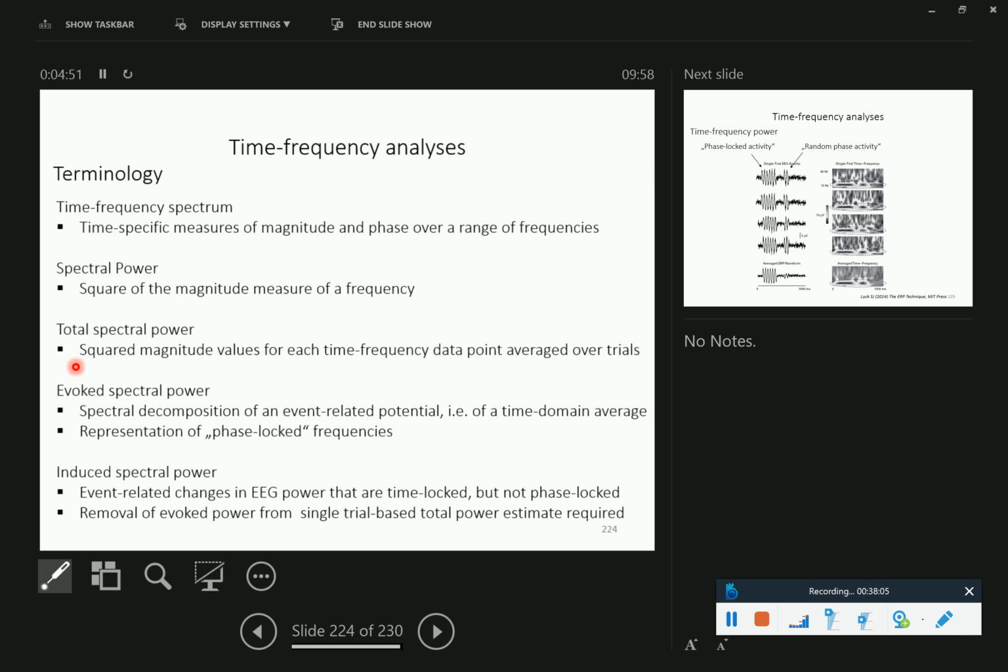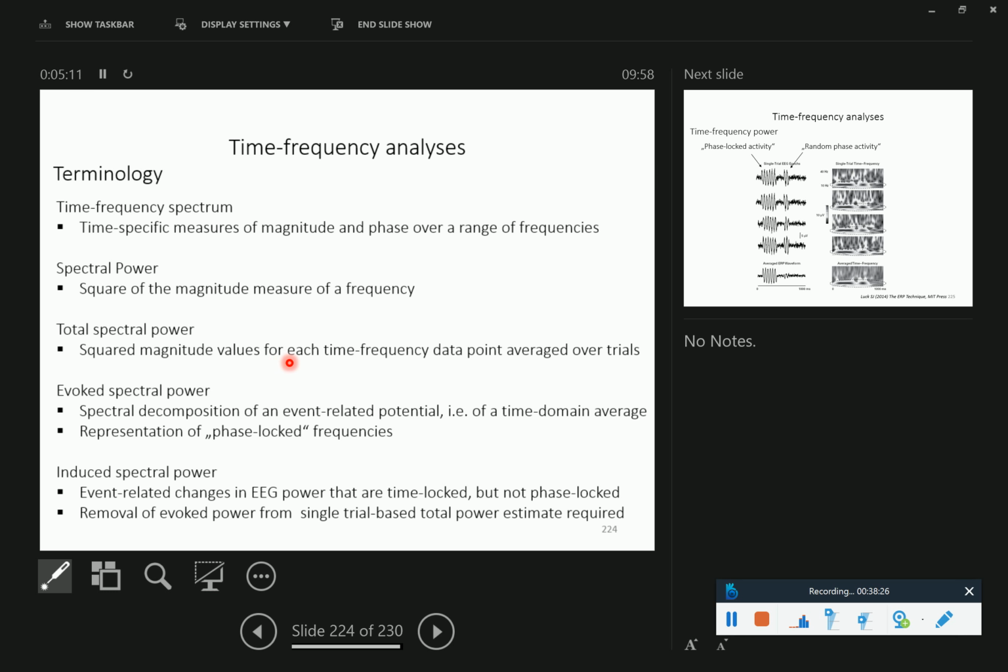First of all, you can compute something called total spectral power. For each trial of the experiment, you compute the spectral power and use these squared magnitude values for each time frequency data point and average these over trials.